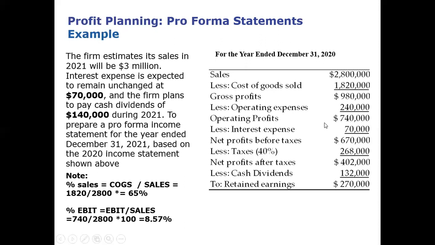So the operating expenses are 240, which is a typo mistake here, 240 divided by 2,800,000, then it will be 8.57.